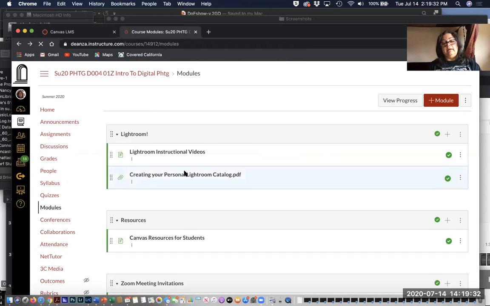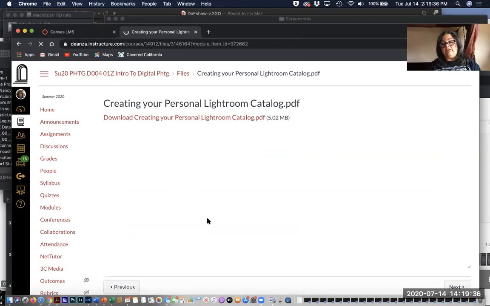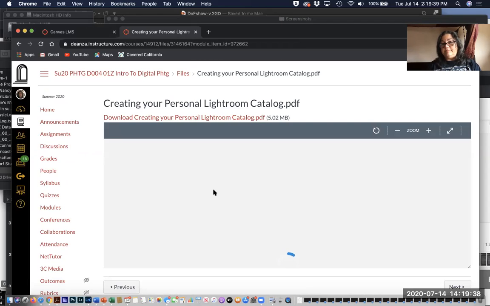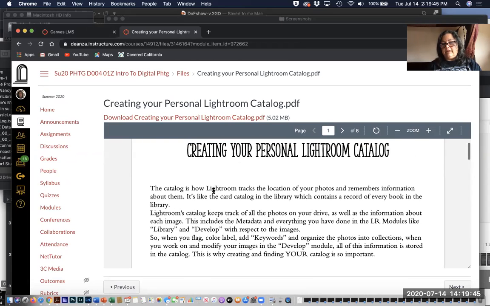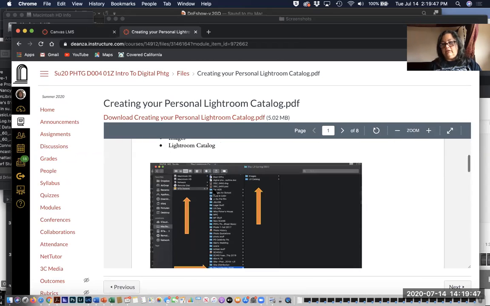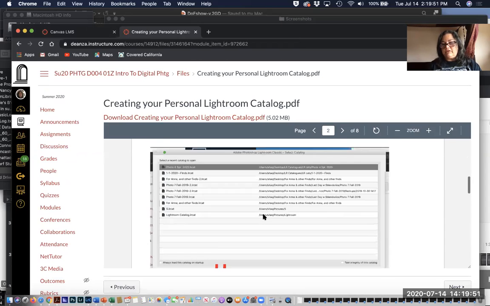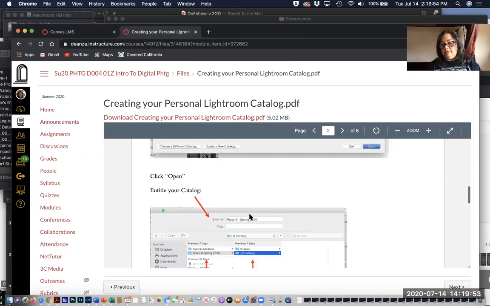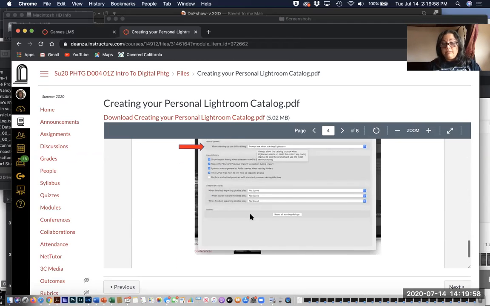Also, creating your personal Lightroom catalog is just a step-by-step instructional. It's not a video, but it's like a lecture, how to create your catalog, with little diagrams and pictures of just what you need to do in order to make the catalog in Lightroom.